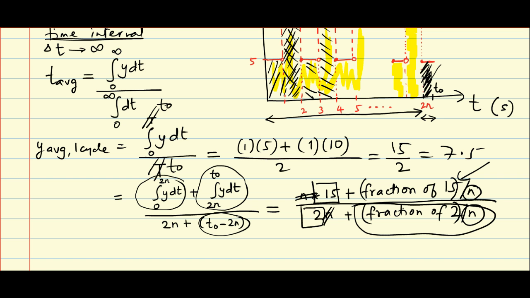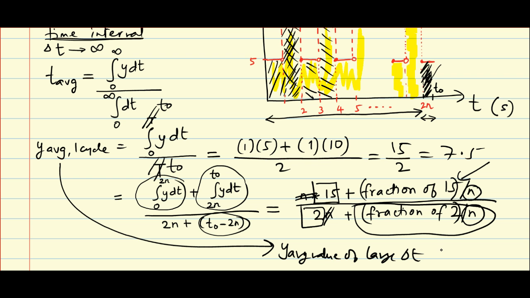And that's why, even in this case, the average value over a large time interval, large delta t, is going to correspond to the average value over one cycle, because it turns out to be 15 by 2, which is 7.5 again.